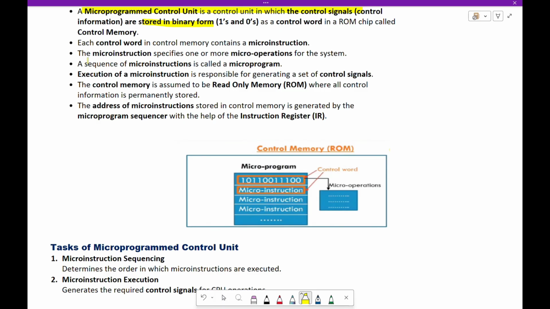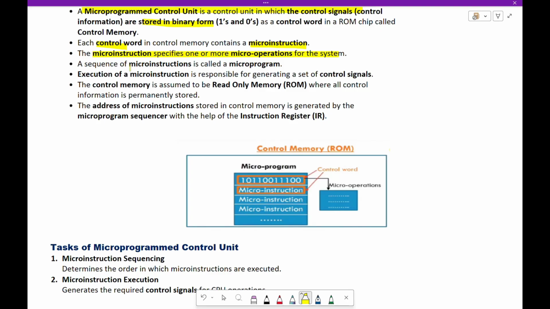Each control word in control memory contains microinstructions, and microinstructions specify one or more micro-operations for the system.